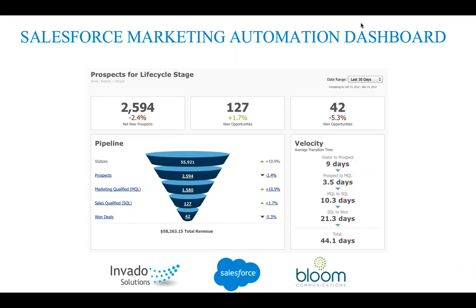And then we're able to talk even about velocity. How quickly am I getting these deals through the funnel? Am I getting a prospect in and it's taking me a year to close them? My gosh, unless you're closing multi-million-dollar deals, that's a long time, right? You need to understand that to better manage your business and your cash flow. And that's where these reporting dashboards are invaluable.